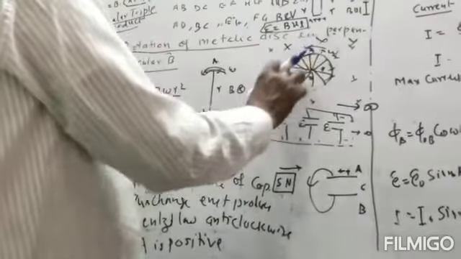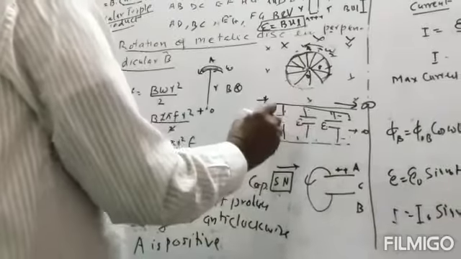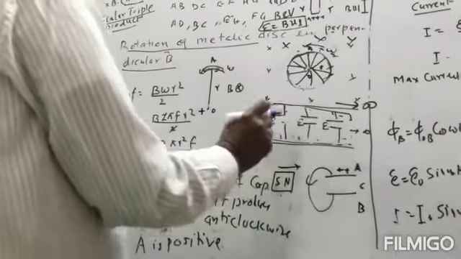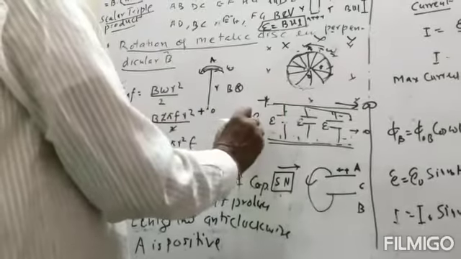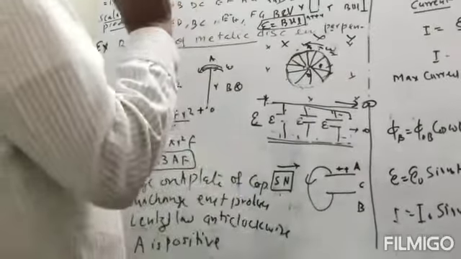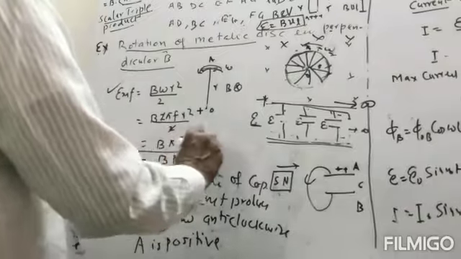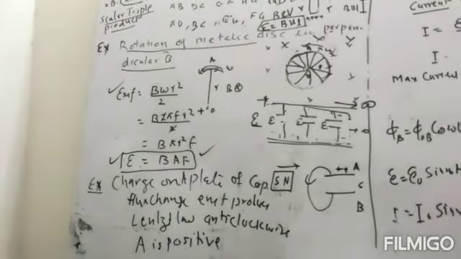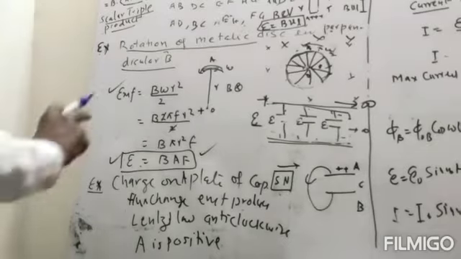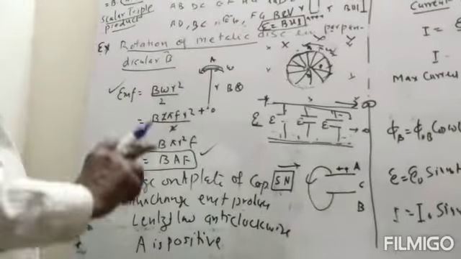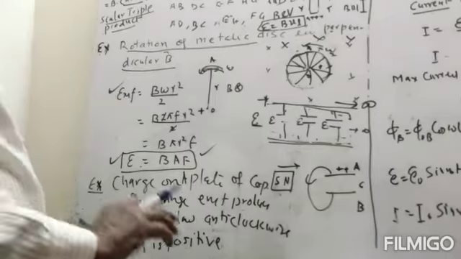All the positives are connected at the same point, and all the negatives are connected here, so their EMFs are equal, and the total EMF will be equal to the EMF of one wire. So E will be equal to BA into F, or B omega R square by 2. You can use any one value of this.